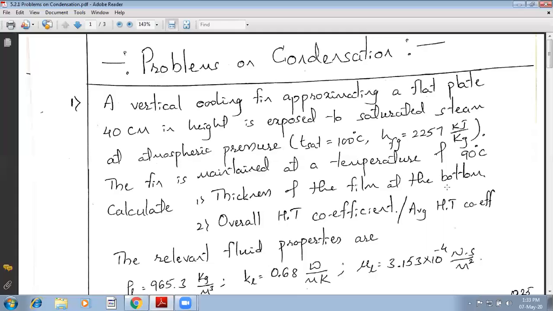For every case, you have a different expression or formula. From the statement of the problem, it is clear that it is a vertical surface and the height of the surface is 40 centimeters.